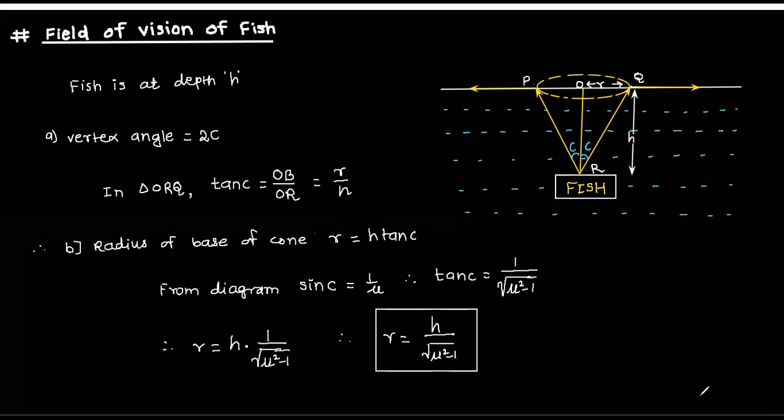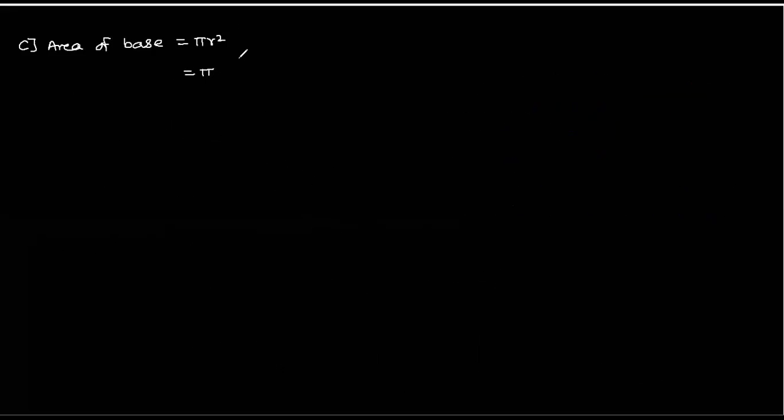So if I square that, h divided by under root of mu square minus 1 whole square, then this is equal to pi h square divided by mu square minus 1.